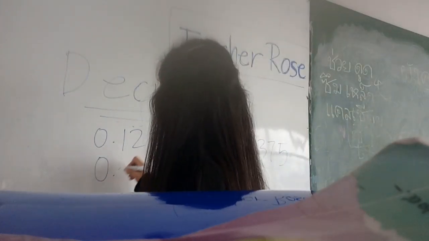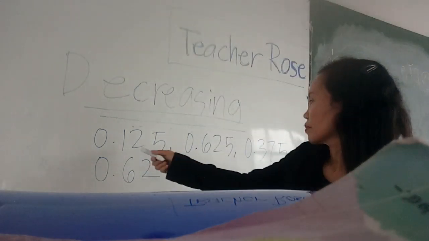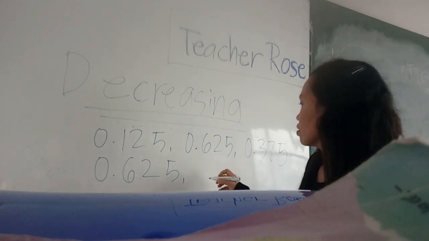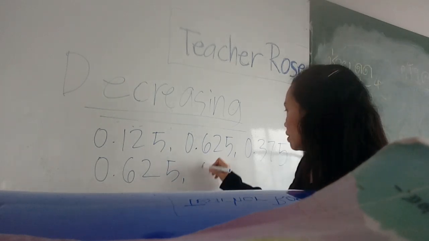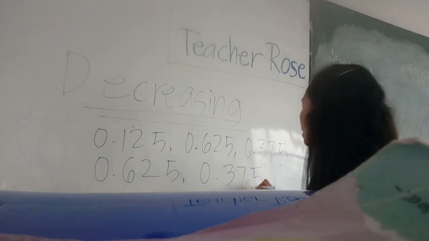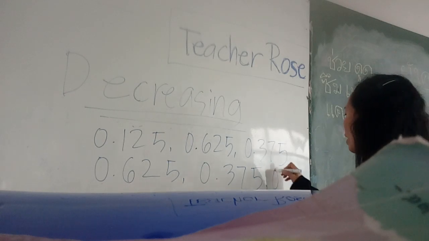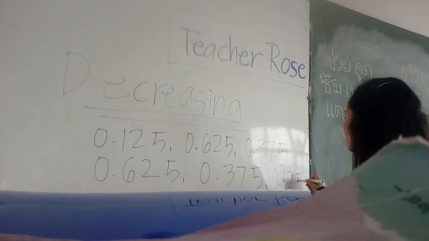So it's 0.625. What's next? It's 0.375. 0.375. And then the last one is 0.125.